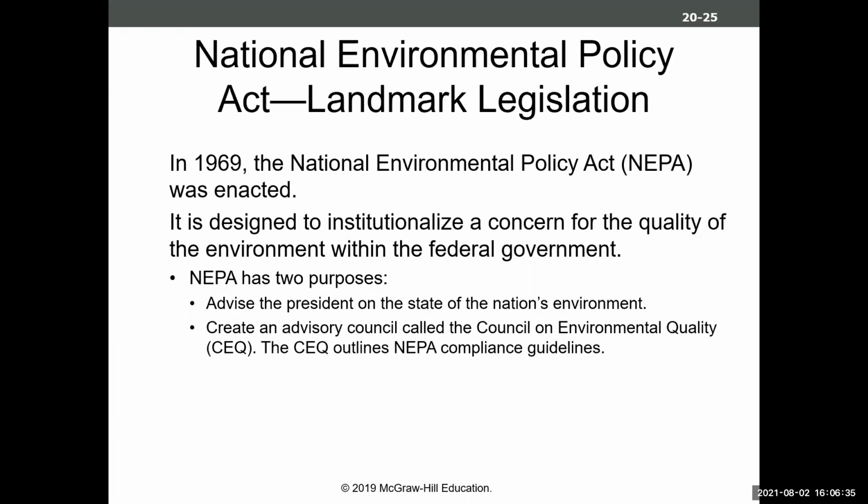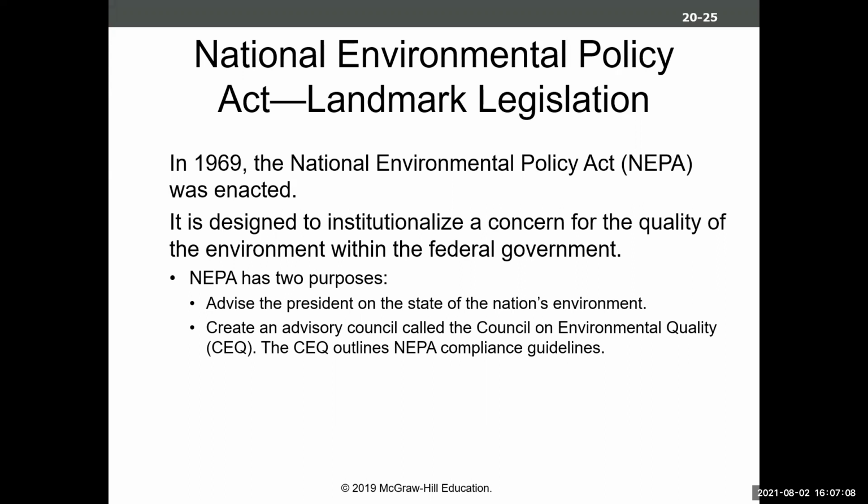In 1969, you have NEPA, which is the National Environmental Policy Act, which was developed to institutionalize a concern for the quality of the environment within the federal government. So basically, what they wanted to do was advise the president on the state of the environment, okay? And then they had this advisory council that basically outlines compliance guidelines.